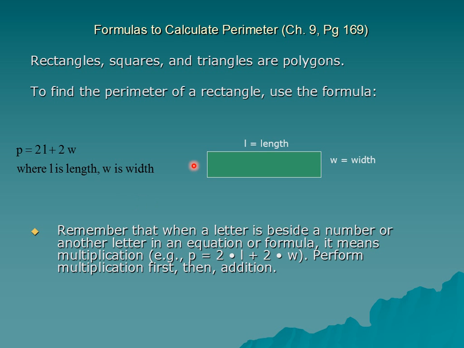In the case of the rectangle, we have 2 lengths and 2 widths, right? So we add 2 lengths plus 2 widths to have the full perimeter. So we have a multiplication here: 2 times length plus 2 times width, right?